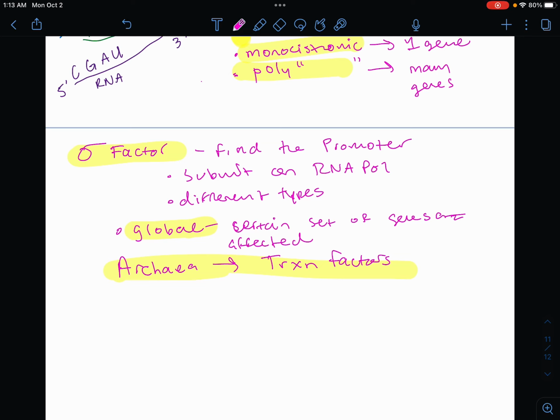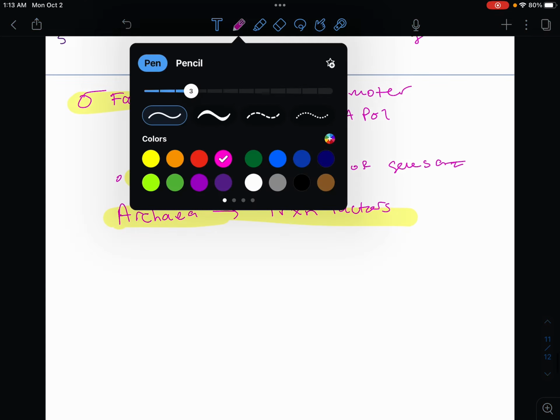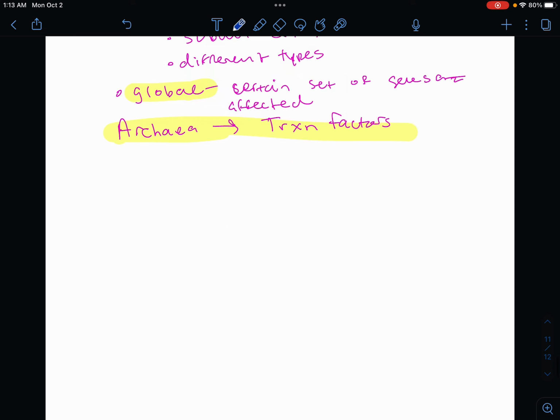Okay, now let's talk about bacterial expression. Sorry about that. Okay, bacterial expression. And then, of course, this is gene expression.